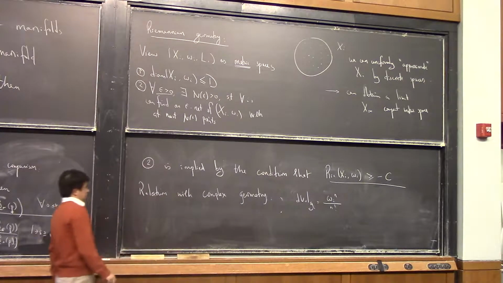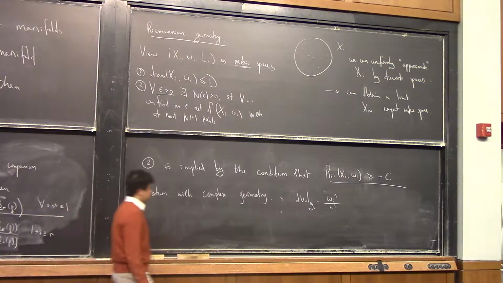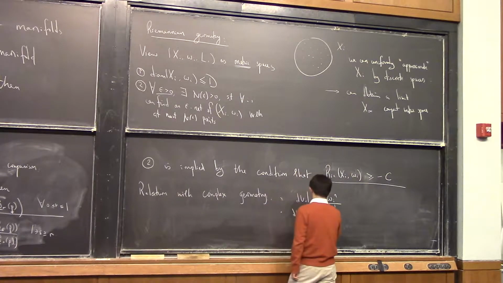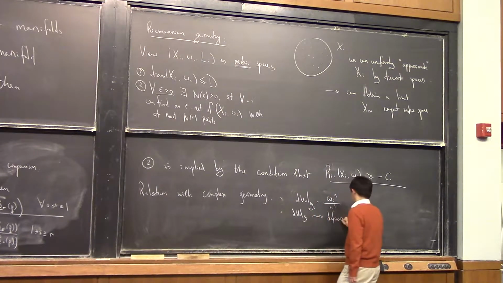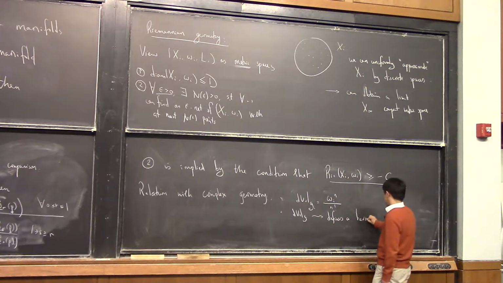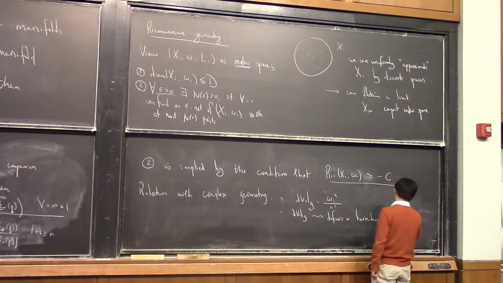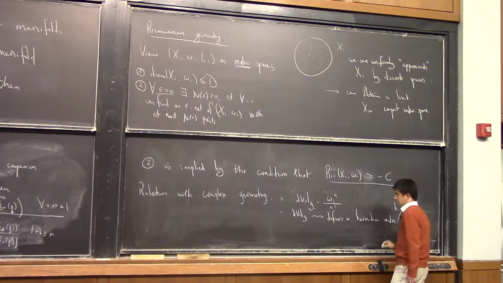And this also defines the Hermitian metric on the anti-canonical line bundle, h i.